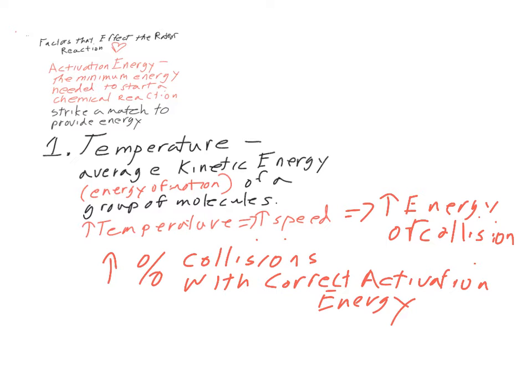Where do people go for spring break to meet people? Do they go to Canada, where it's cold? No! They go to Florida or Mexico, where it's hot, right? We know that if you increase the temperature, your chances of having a collision with the right spark increases greatly.